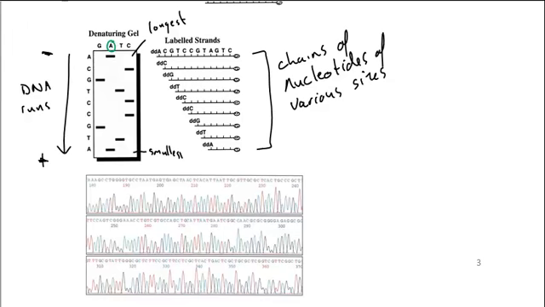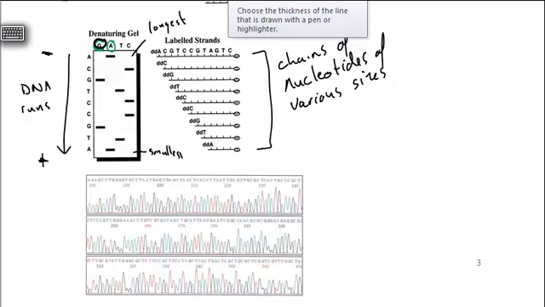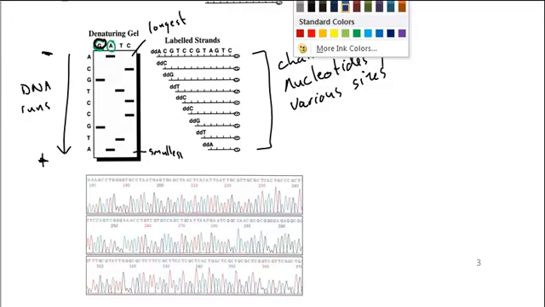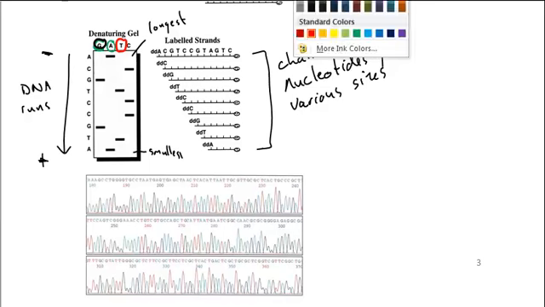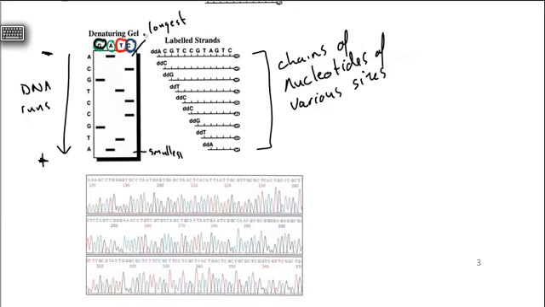A is typically green, T is typically red, and C is typically blue. Those are the fluorescent colors they attach. G is actually fluorescent yellow, but when you're trying to read that on a piece of paper, yellow is really hard to read, so they change it to black on the paper.